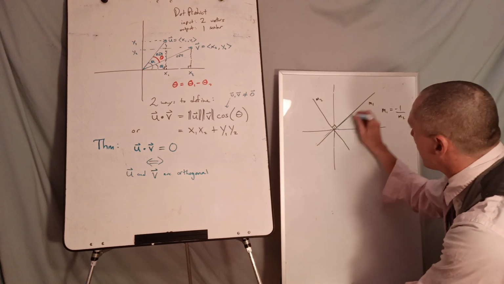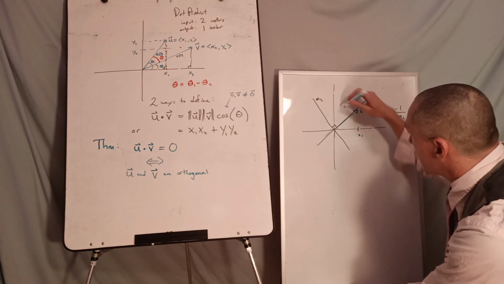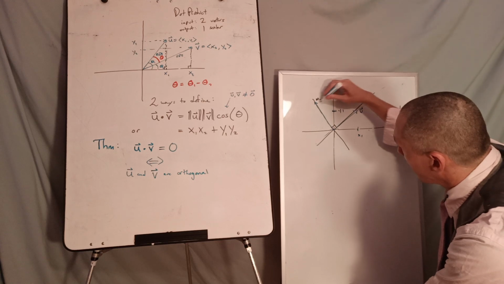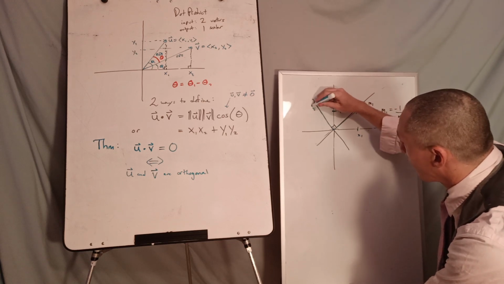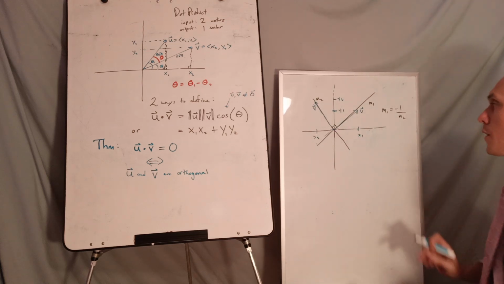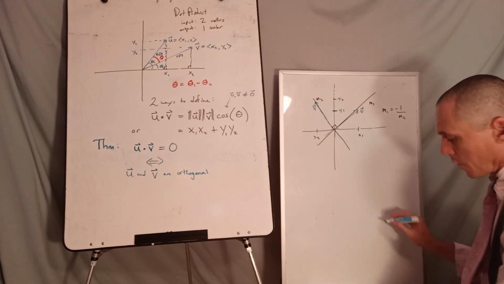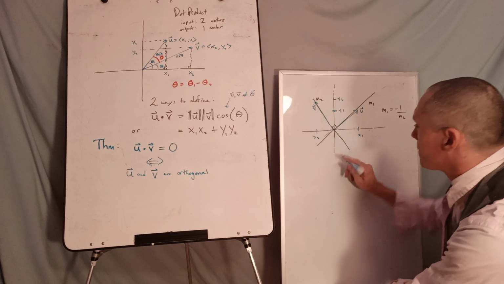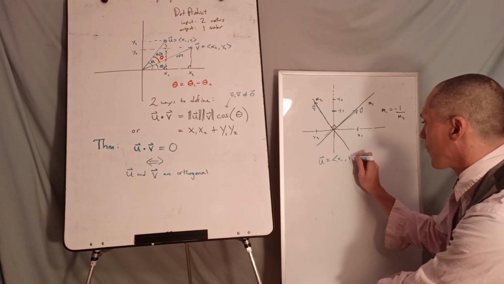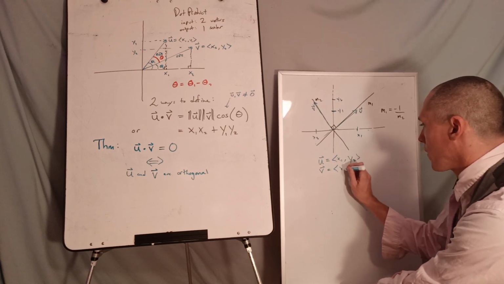So let's say I have some u, and it has coordinates x1, y1, and some v with coordinates x2, y2. Then if they are at 90 degrees to one another, so here I have, just to be very specific, the coordinate form for my u, and the coordinate form for my v.